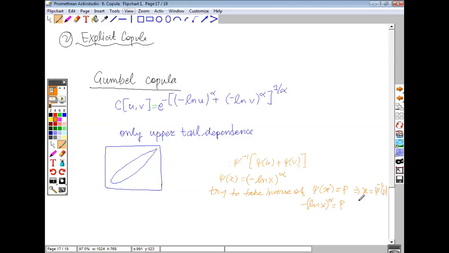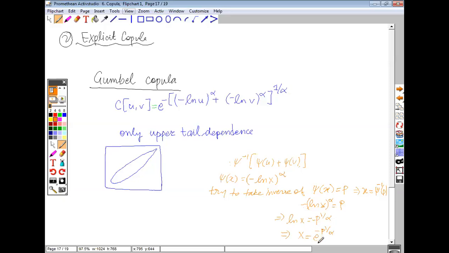So my psi inverse function will just be dictated by what equates my x in this. If I try to solve for this, I will just take the minus over there. So I have, let's say, log x equals minus of p, raised to 1 upon alpha. And then x equals e raised to minus of p raised to 1 upon alpha, of whatever value that your p will take.